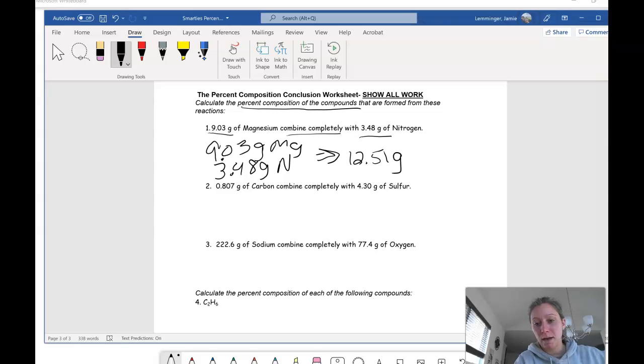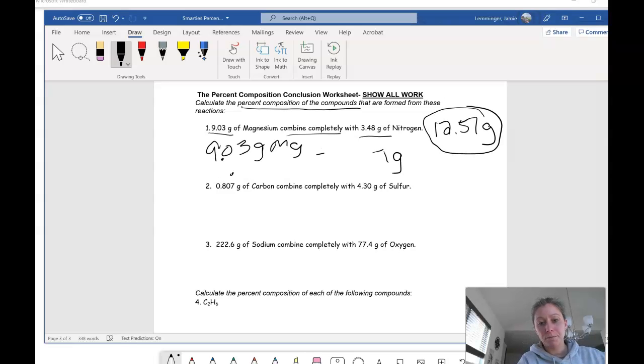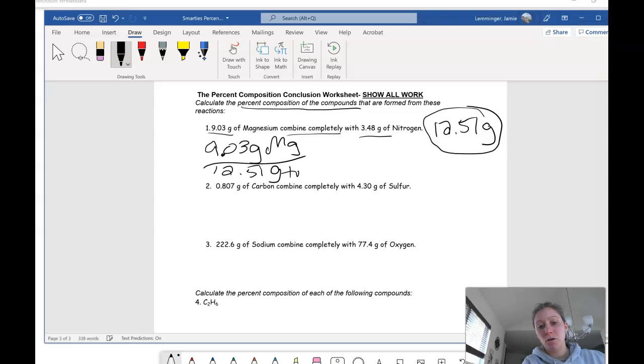Okay, so our total mass, I'm just going to write it here so I can have some extra space, is 12.51 grams. Now, to figure out the percent composition of magnesium in that product, I'm going to take the 9.03 grams of magnesium over the 12.51 grams of your total times 100.